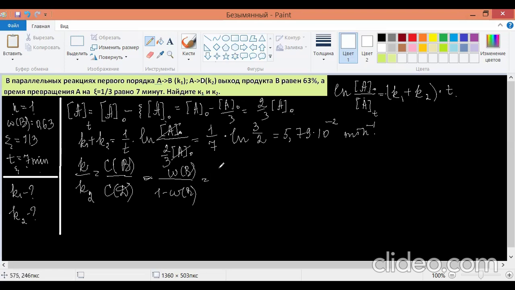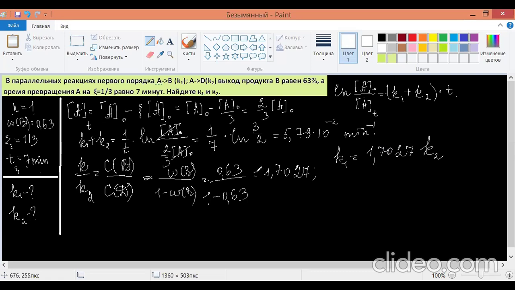It's 0.63 divided by 1 minus 0.63, and it equals 1.7027. In other words, K1 is equal to 1.7027 times K2, right?